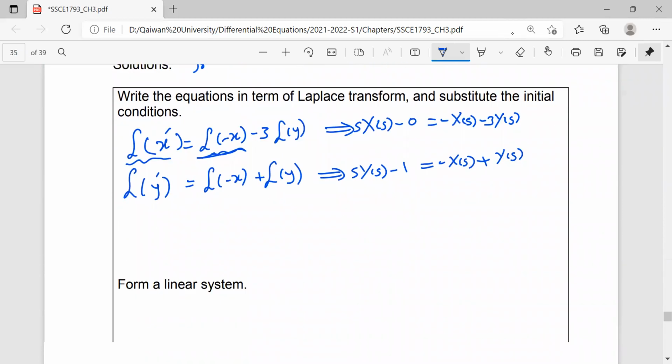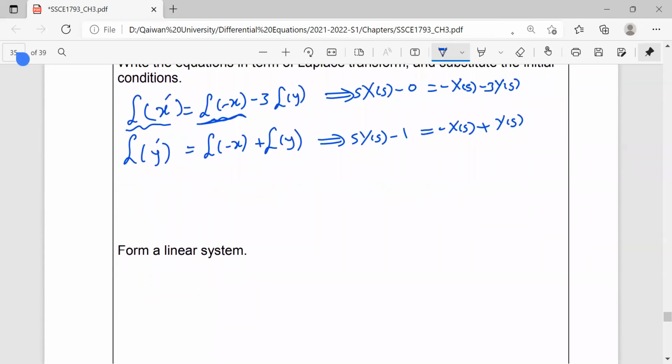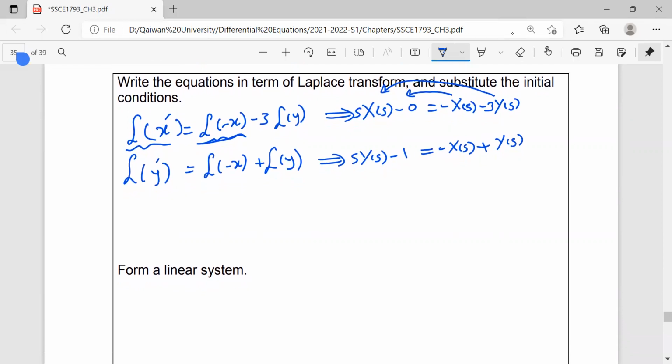Here we have minus x of s, we move it to the left. Minus 3y of s, we move to the left, because these include x of s or y of s. Here we go, you get s x of s plus x of s plus 3y of s equals 0. It equals 0 because on the right hand side we have nothing else. And this 0, we move to the right hand side, it's still 0.